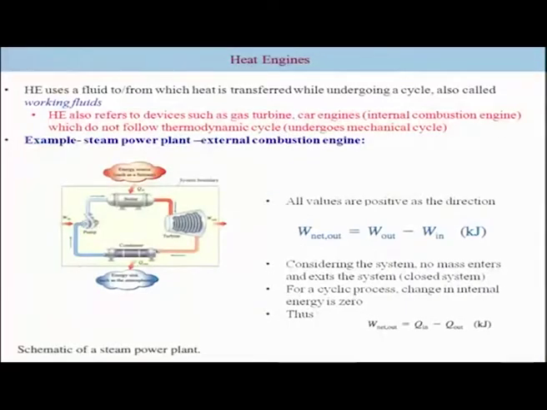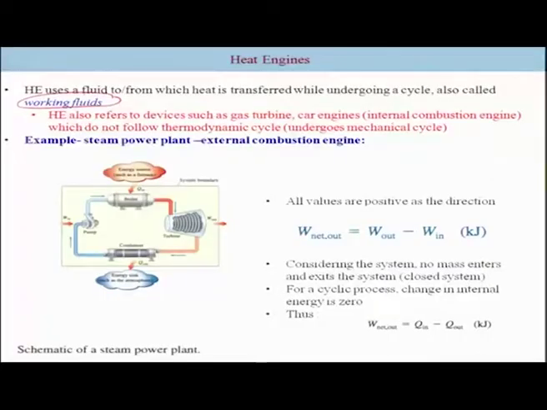The fluid used as part of the heat engine we call the working fluid. It could be water, for example, in a steam power plant, or it could be gas, as in a gas turbine or a car engine, which is an internal combustion engine that does not follow precisely the thermodynamic cycle, but follows a mechanical cycle.